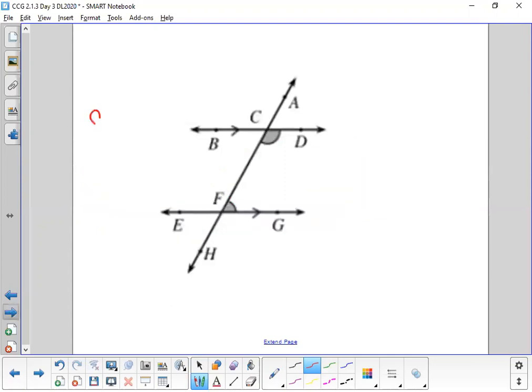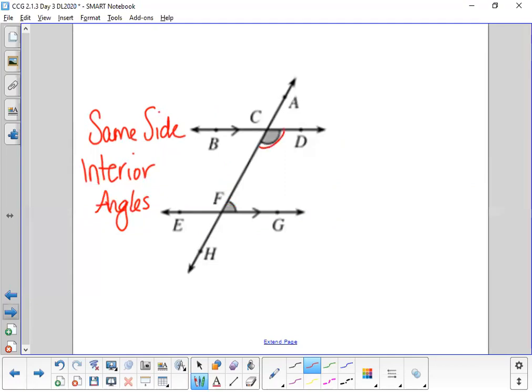These are an example of same-side interior angles. They are on the same side of the transversal, and they are interior because they are inside the two lines.